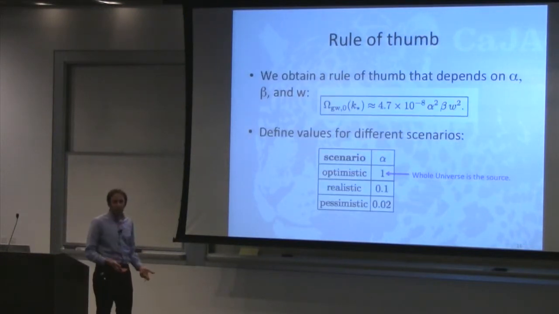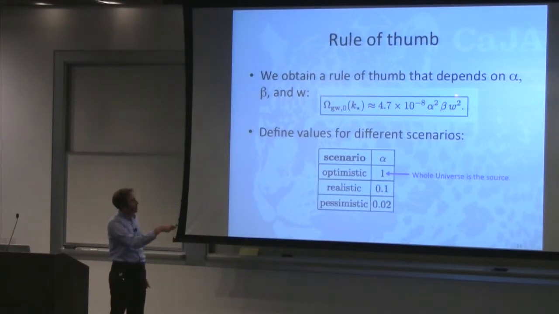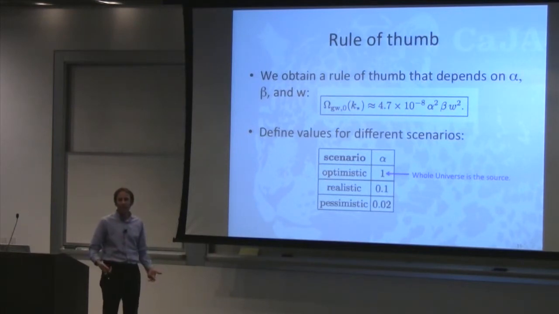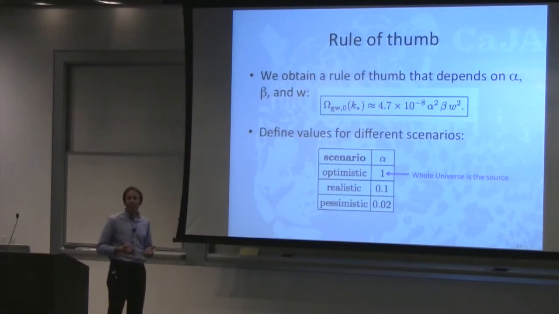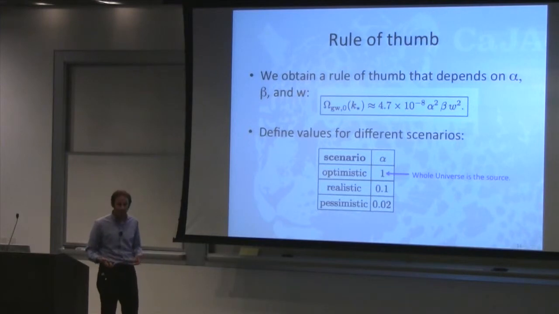And if you plug in these fiducial values, if we're choosing to try to maximize this peak value, we get this expression. And now we're going to plug in different values for alpha and beta. And we're going to somewhat arbitrarily give these values names based on our reckoning of what we think is realistic, optimistic, and pessimistic.